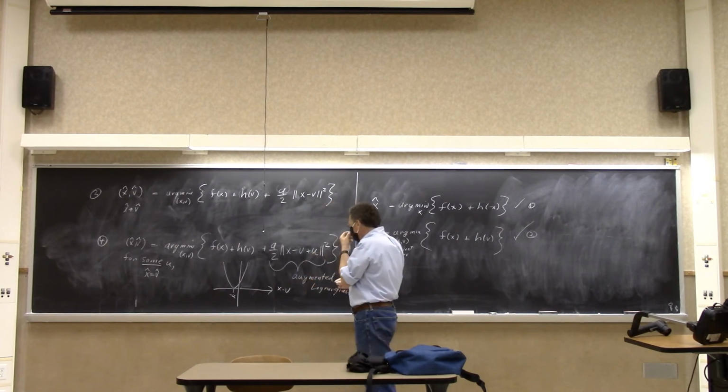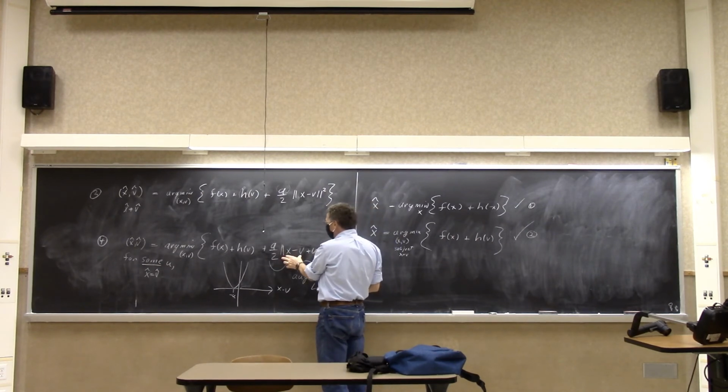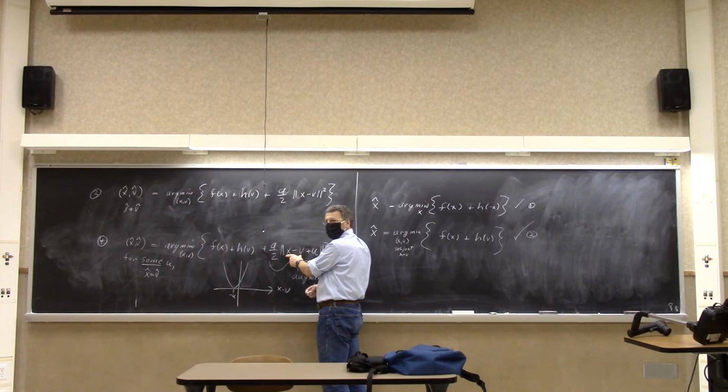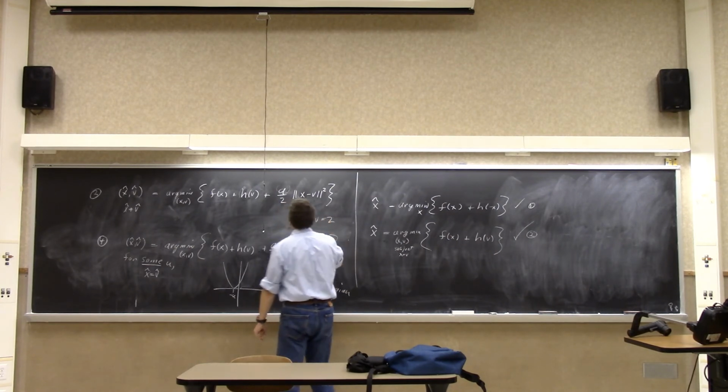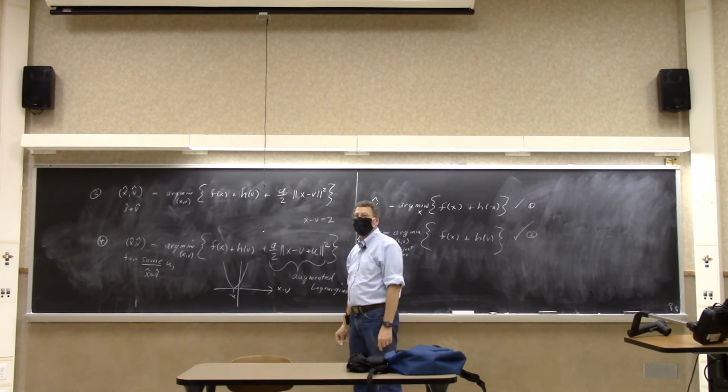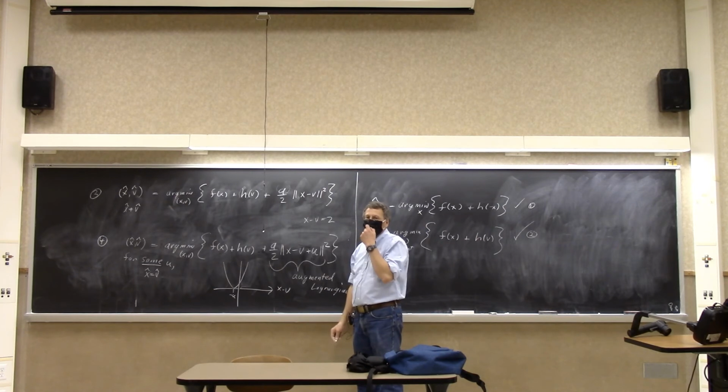And so if you solve this optimization problem and x doesn't come out to be equal to v, let's say x minus v equals, I don't know, 2. So x is greater than v. Well, what's the logical thing to do with u?